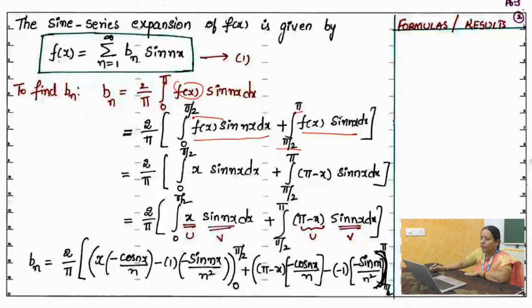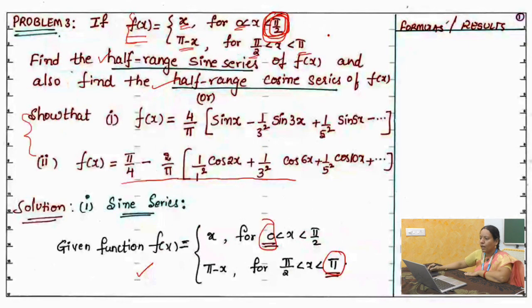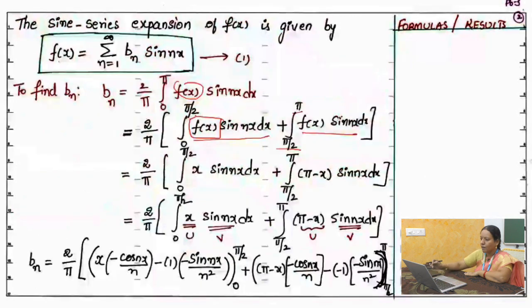Now write down the function value of f of x in the interval 0 to pi by 2. What is the value of f of x in the interval 0 to pi by 2? In the interval 0 to pi by 2, my function f of x equals x. Just substitute that f of x value here.